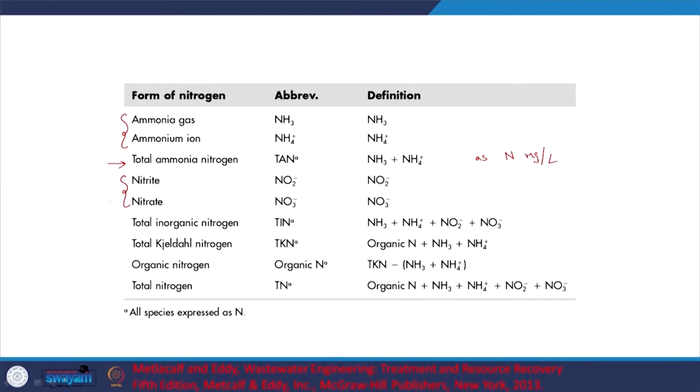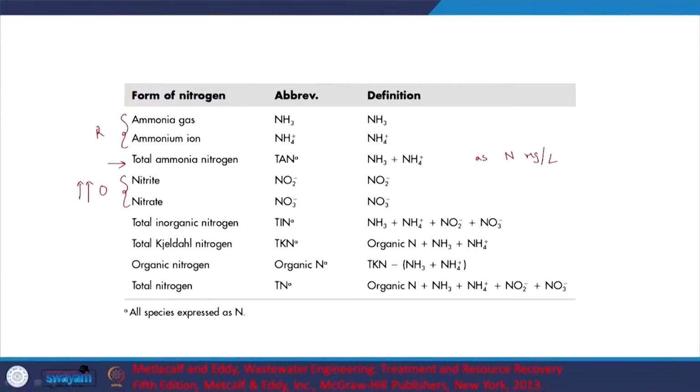Depending on the source and more importantly the time available, you will typically have a combination of both the reduced forms and oxidized forms of nitrogen. Obviously, if oxidized forms of nitrogen are predominating, that can mean that the waste has been around for quite some time, and the degradation or oxidation has been occurring, right.